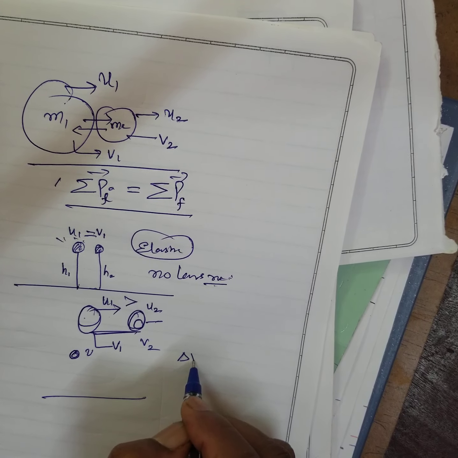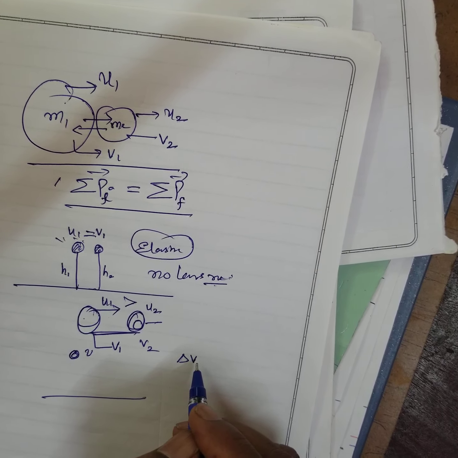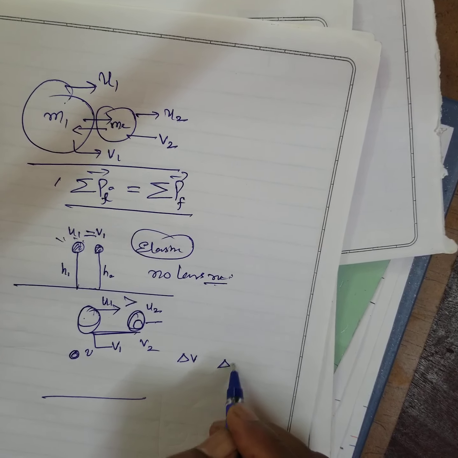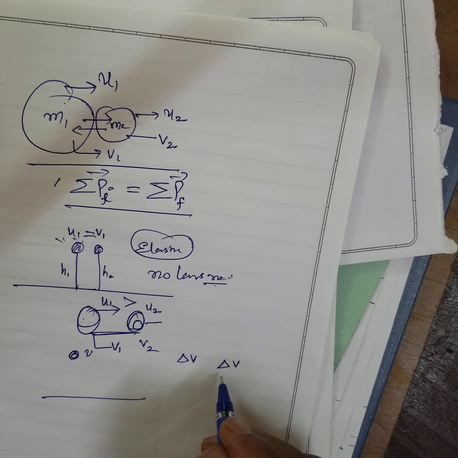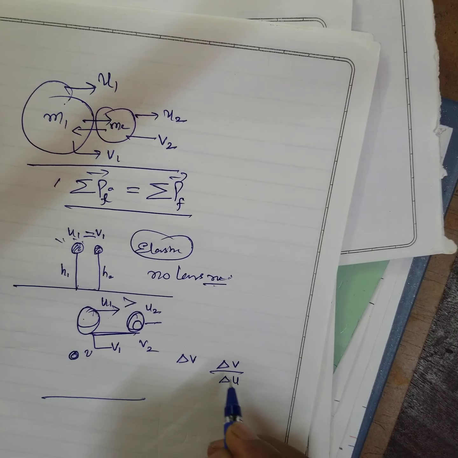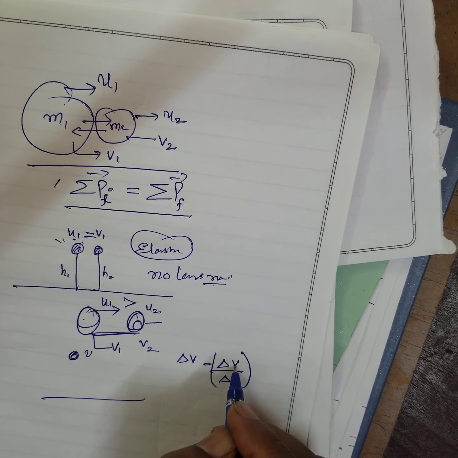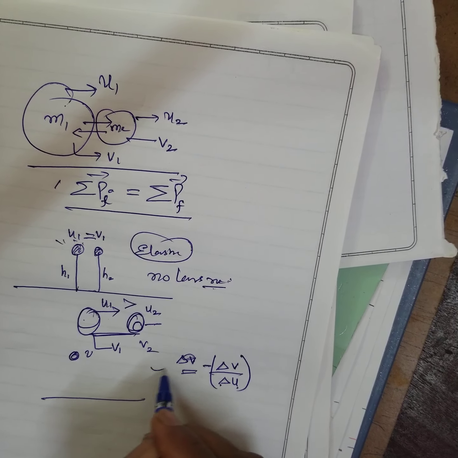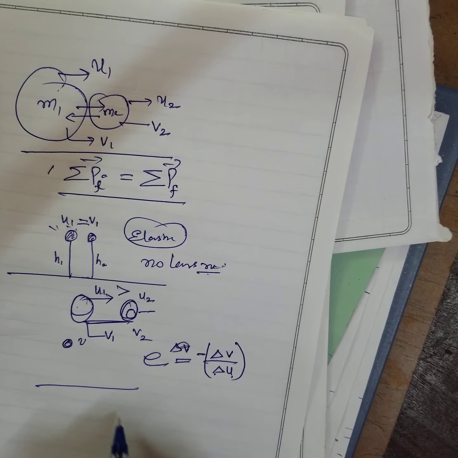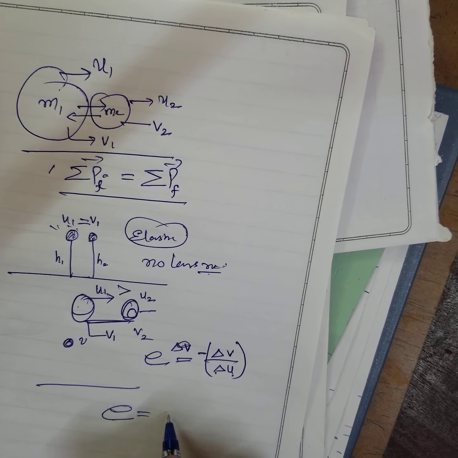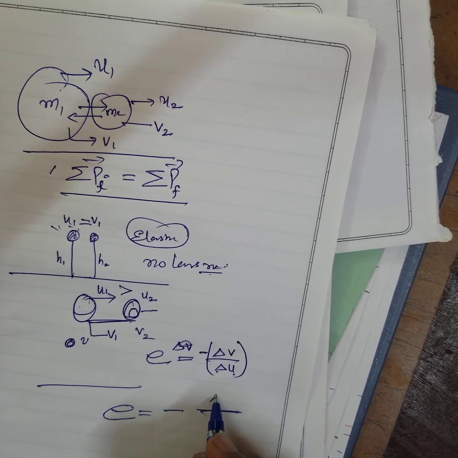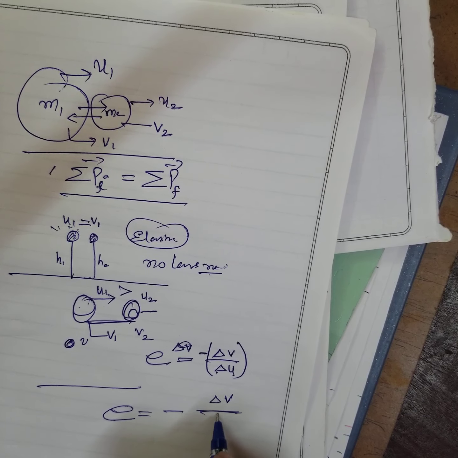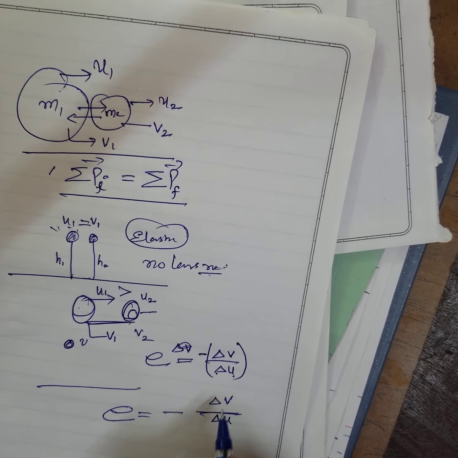The ratio of the change in velocity after collision to the change in velocity before collision, with a negative sign, is equal to the coefficient of restitution.